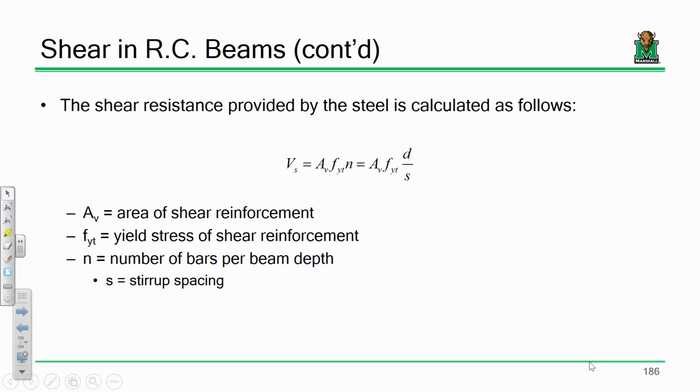So the capacity from the stirrups is calculated by multiplying the area of shear reinforcement, the yield stress of the shear reinforcement, and then the number of bars per depth, okay? The way that we compute that is d over s, okay? I'll give you all a sec to write this down. I want to explain what each of these terms are and why they are what they are.